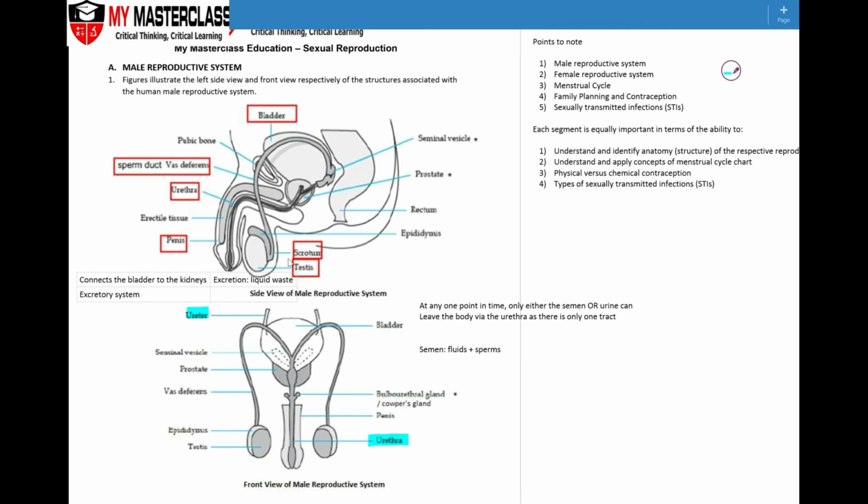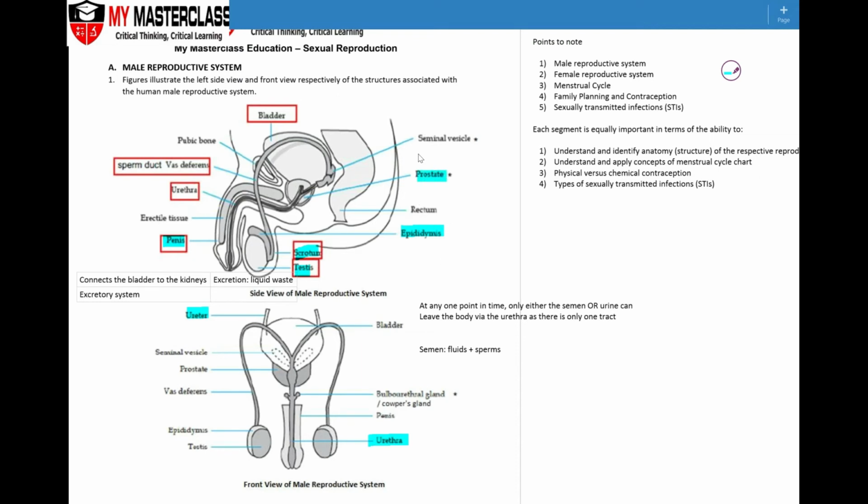Looking at the front view, you have seen the penis itself, which is the actual organ that supports the removal of your urine as well as the semen. We also have the scrotum and the testes. The epididymis is where immature sperm cells are allowed to mature.